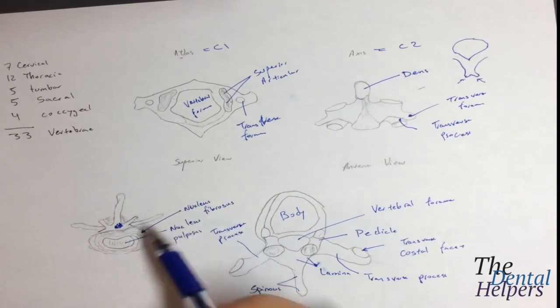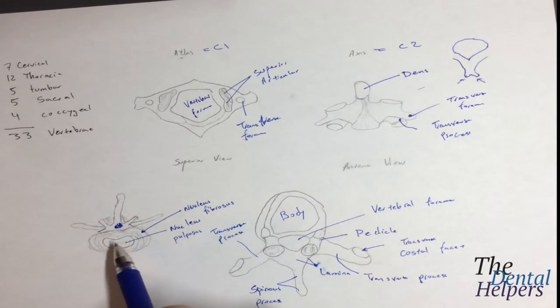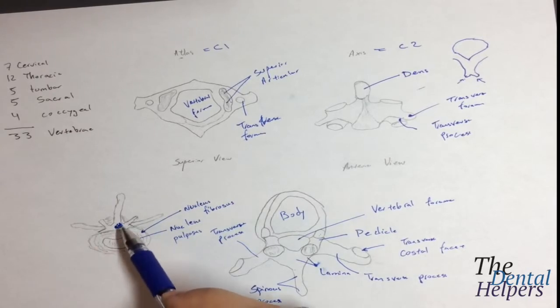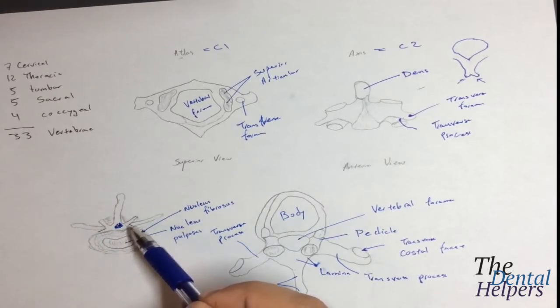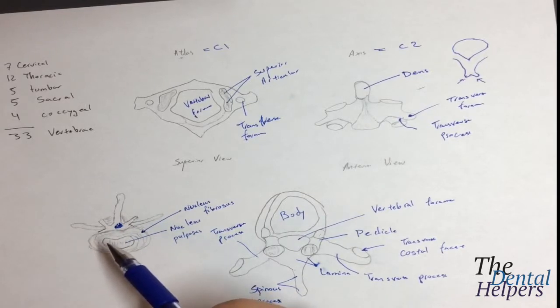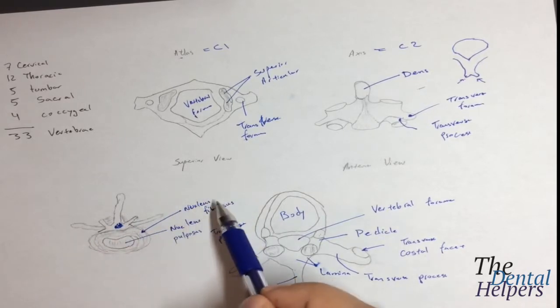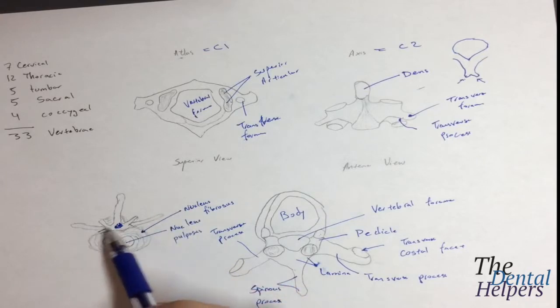So this area that I've drawn is the intervertebral discs. Inter means between, so it's between the two vertebrae. The nucleus fibrosus is the tough outer component. The inner component is the shock absorber.